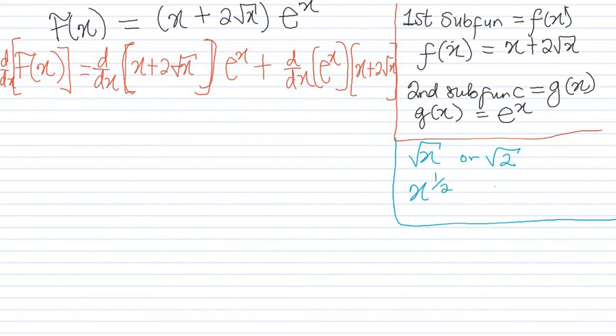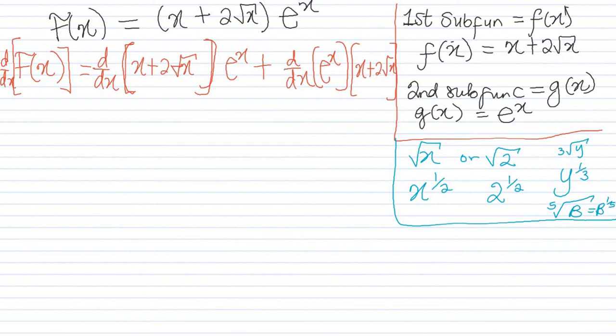Square root of 2 is the same thing as 2 raised to the power of half. The cube root of y is the same thing as y raised to the power of 1 over 3. The fifth root of b is the same thing as b raised to the power of 1 over 5. So I just wanted you guys to know.